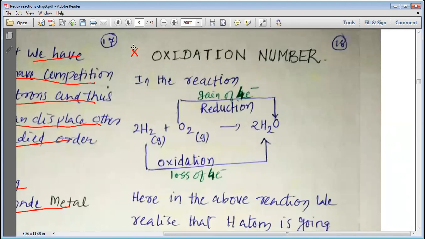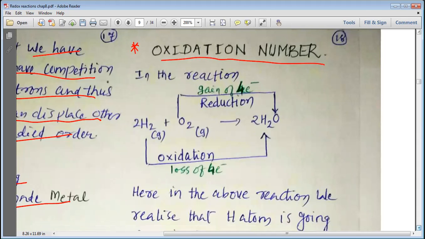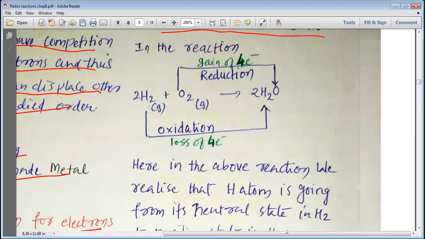Now, my dear students, we want to study a very important portion, that is known as the oxidation number. Let us study about oxidation number. What is oxidation number? In the reaction 2H2 + O2 giving 2H2O, actually hydrogen is oxidized by the loss of 4 electrons to water, and oxygen is reduced by the gain of 4 electrons to water.